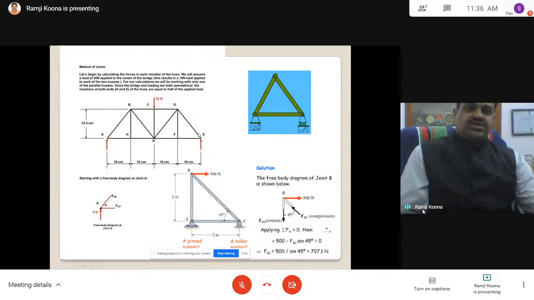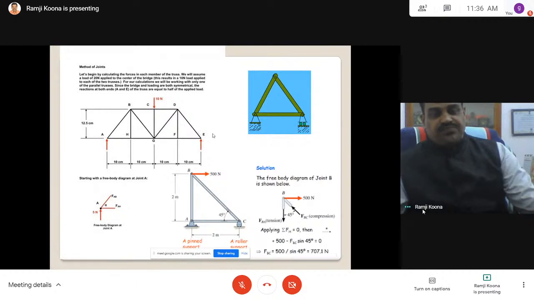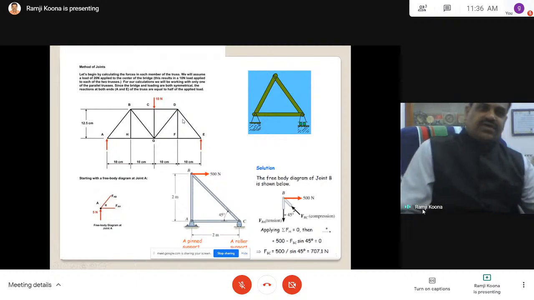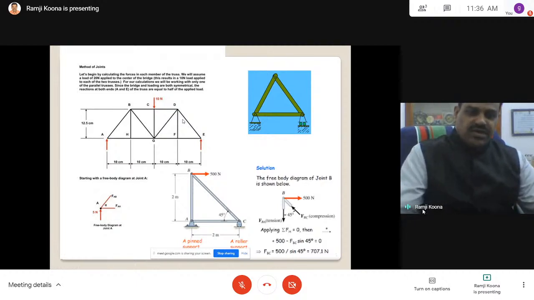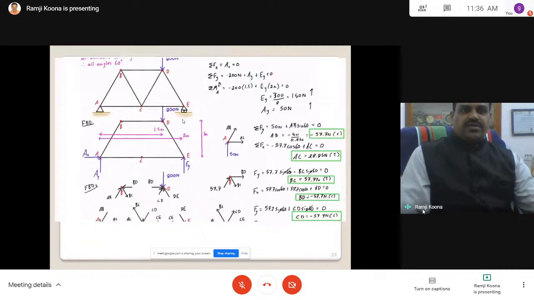Your equation is 2J minus R. R is 3 reactions. 2J is 2 into 8, 16. 16 minus 3 is 13. That is the right hand side. Now see the left hand side: the members 1, 2, 3, 4, 5, 6, 7, 8, 9, 10, 11, 12, 13. That has to be satisfied if it is a perfect truss. Then you will get everything in a determinate manner.